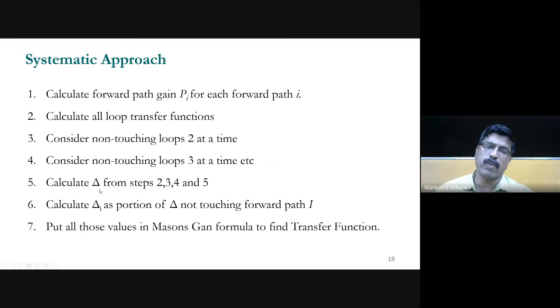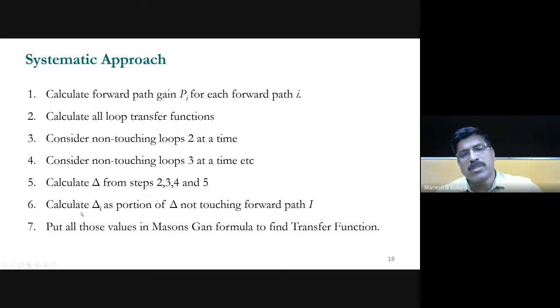Once you calculate the value of delta, then you can calculate the value of delta i. This delta i will be associated with pi. So you have to identify which loops are not touching that forward path, eliminate those, and the remaining value of delta will be delta i. So calculate delta i as the portion of delta not touching forward path i.